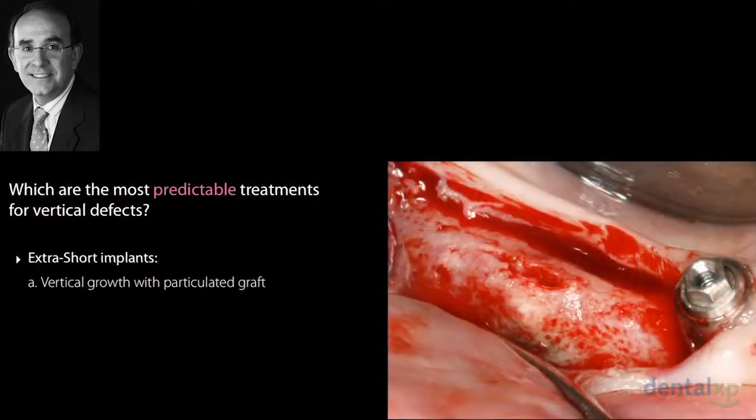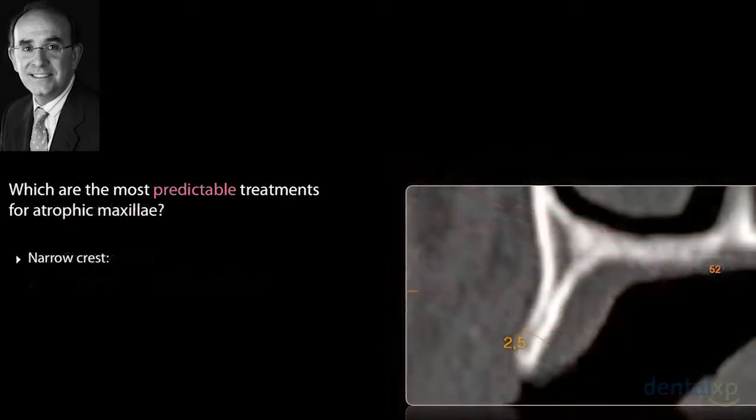I think that today, if we use tissue engineering, it is very predictable to obtain 1 or 2 millimeters of vertical growth. This case may be exceptional, to obtain 4 or 5 millimeters of vertical growth, because in many cases we don't need to obtain such a big quantity of bone. But what happens when we have a severely narrow crest? We have different approaches to treat these cases.